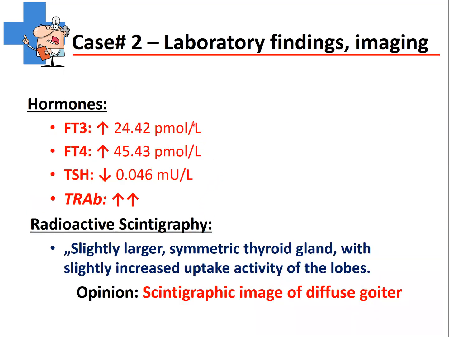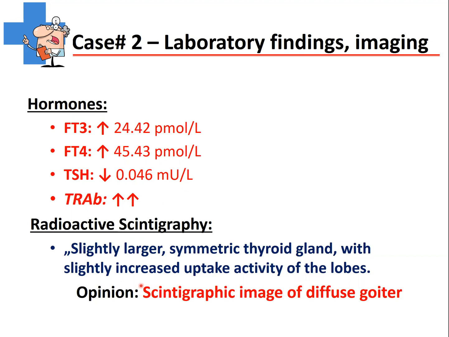Now they measured the hormone levels, both free T3 and free T4 elevated. However, the TSH is very, very low, and the thyroid receptor antibody is high. So that's direct proof of Graves' Basedow disease. They performed radioactive scintigraphy and found a slightly larger symmetric thyroid gland with slightly increased uptake and activity of the lobes.